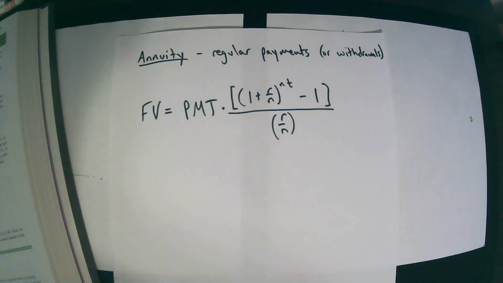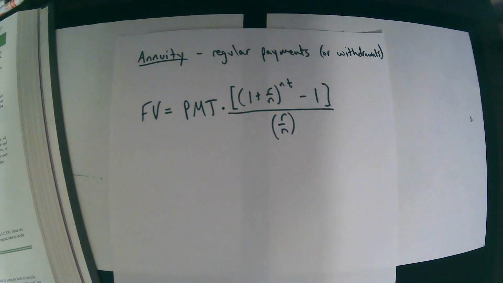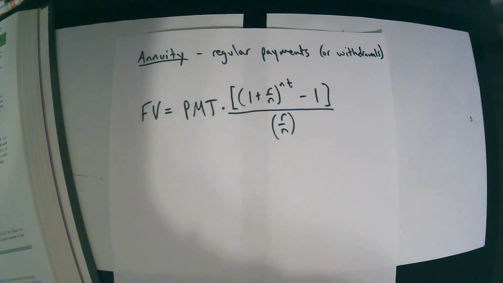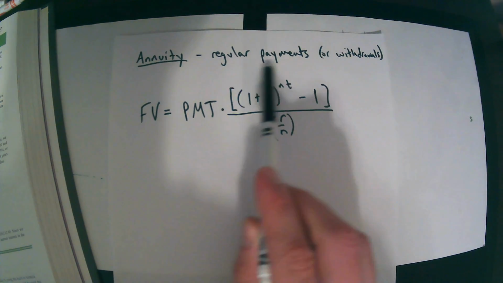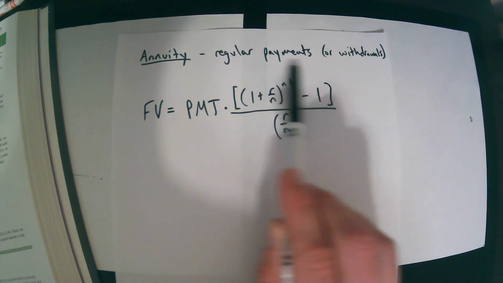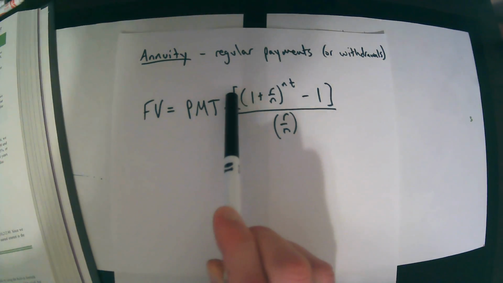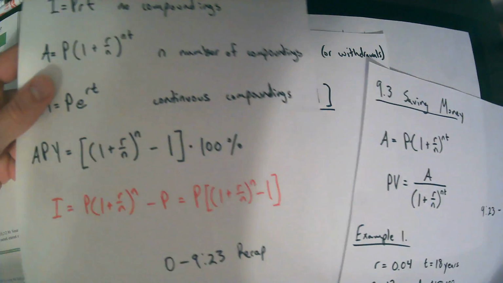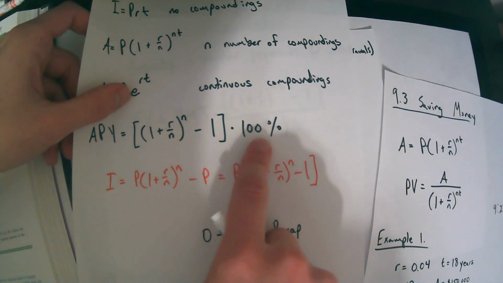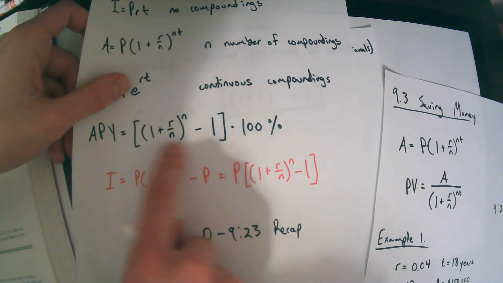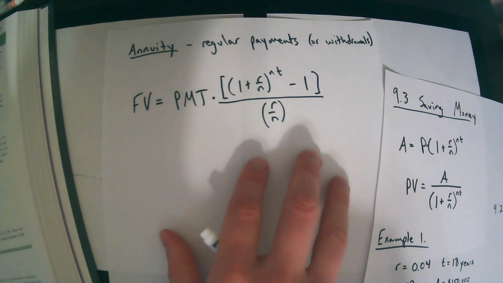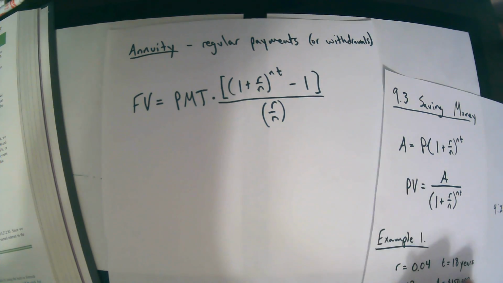Okay, so this formula is a little bit harder to understand intuitively. I paused the video and tried to really parse it, and you may have noticed this up here is the APY formula, if you recall. It just doesn't have the percent part on it, but that is APY except for a number of years.